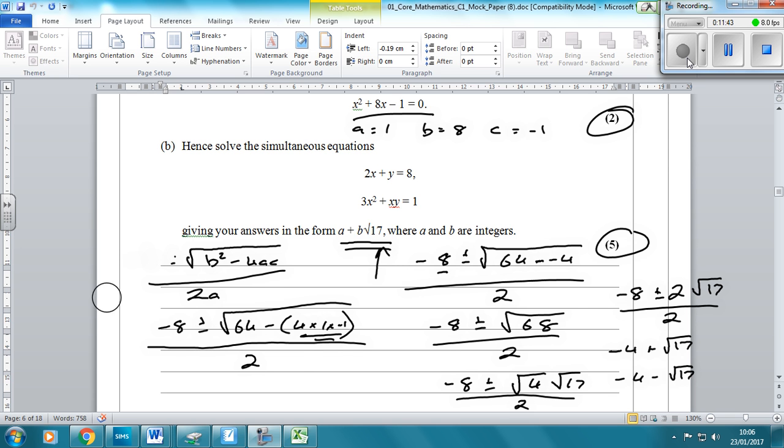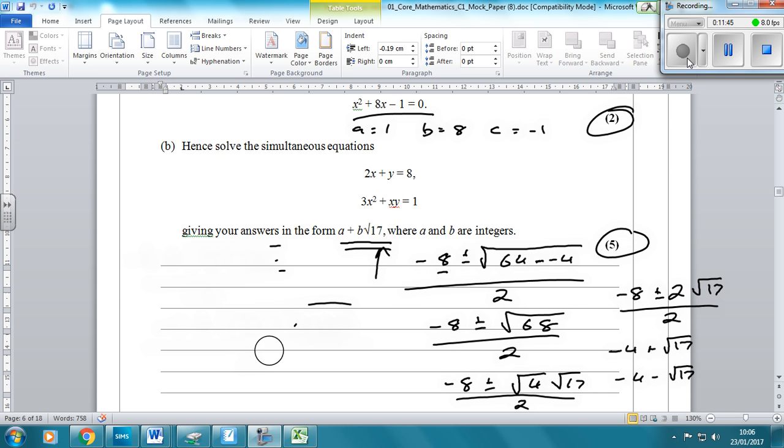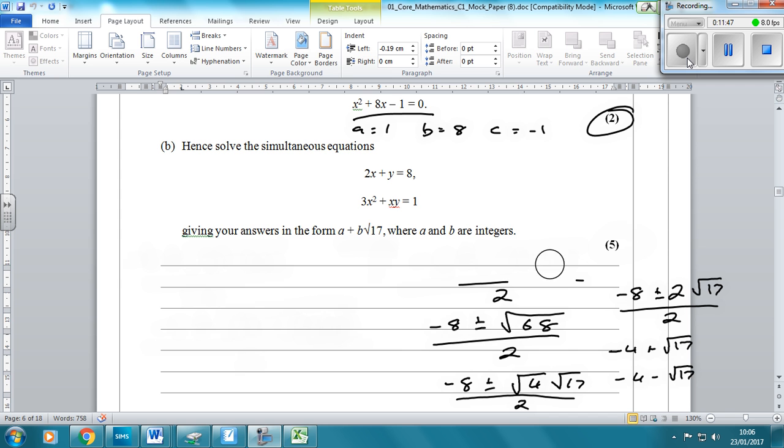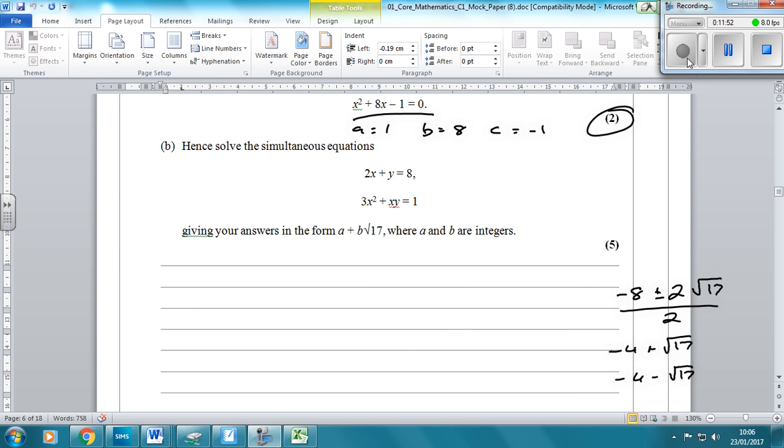And again, a lot of people dropped the final 2 marks because once you get those, and those are the correct answers, they're not the final answers. Because when you solve simultaneous equations, you don't ever leave it where you just find the x values. We've got x equaling this and we've got x equaling that. For the whole thing with simultaneous equations, you've got to work out what the y values are. So we know that y equals 8 minus 2x.